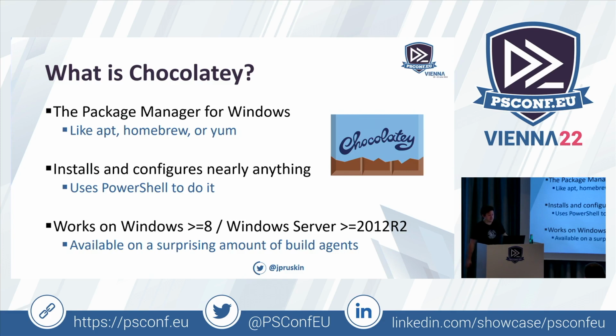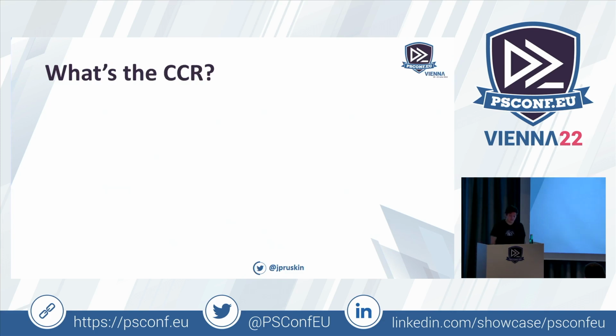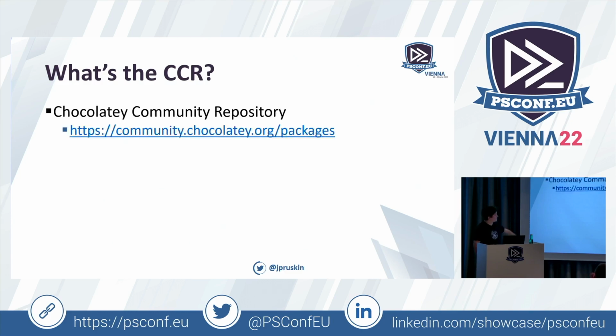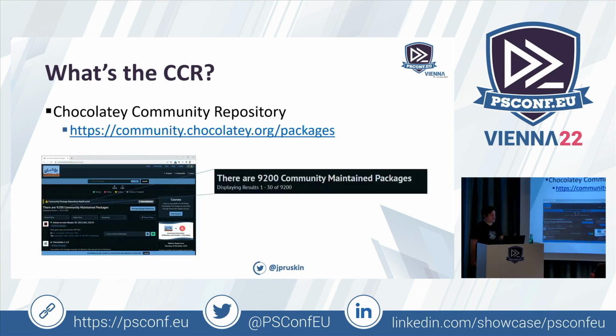So, that said, what is the community repository I keep talking about? It's a publicly available repository of community-maintained Chocolatey packages that you can go and browse through at community.chocolatey.org/packages. It currently contains some 9,200 odd packages, or it did at one point. The number really fluctuates a fair amount.